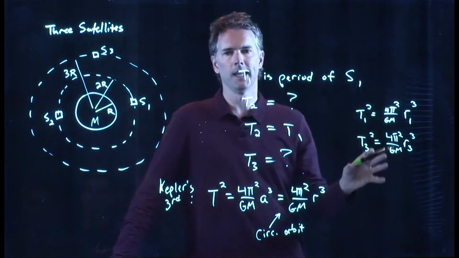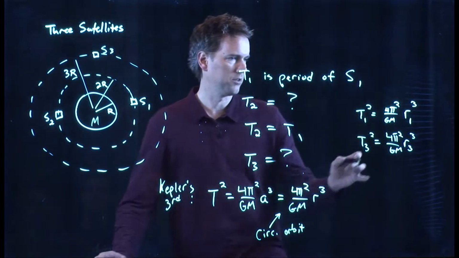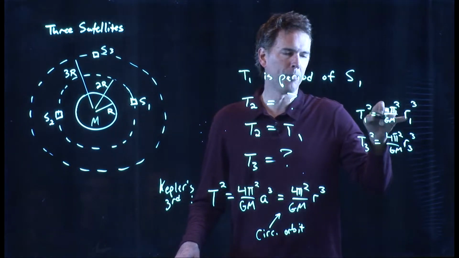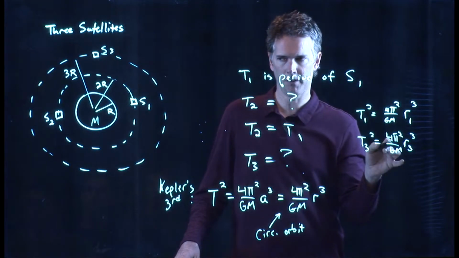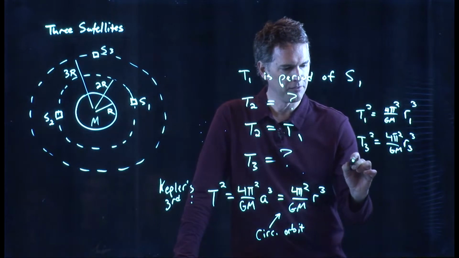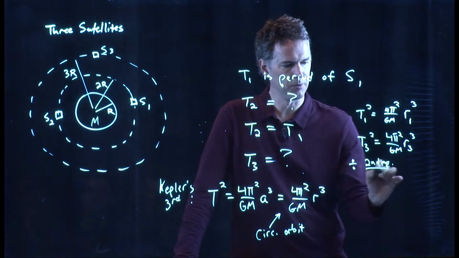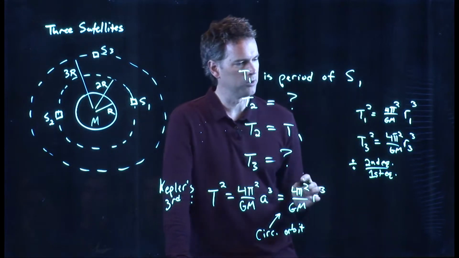And now I can relate these together. How do I relate them together? Well, you could solve the first one for 4 pi squared over GM and stick it into the second one. Or you can just divide the second equation by the first equation. Okay, which is kind of a nice little trick.